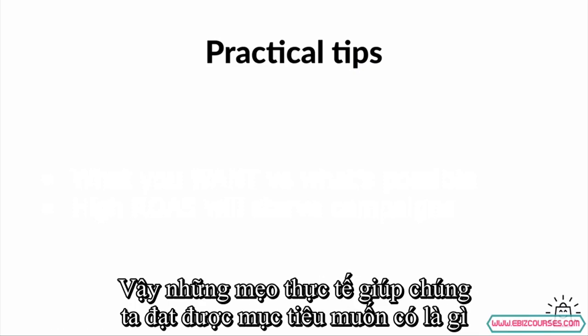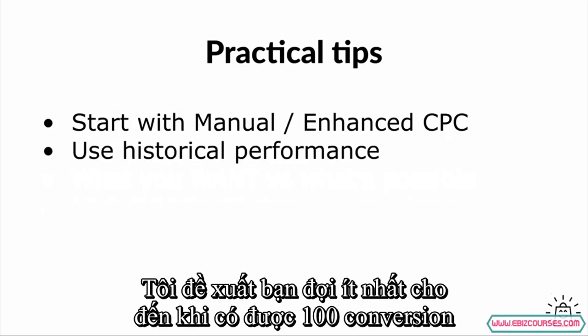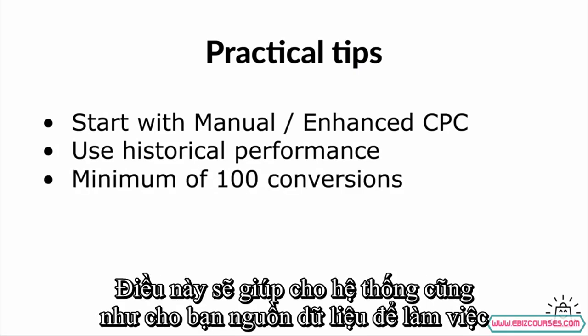So what are some practical tips in order to achieve the goals that we want to hit? Well, you start off your campaigns with your manual or enhanced CPC for a while. I would suggest you wait until you have about 100 conversions. And this will give the system some data to work with. And it will also give you some data to work with.